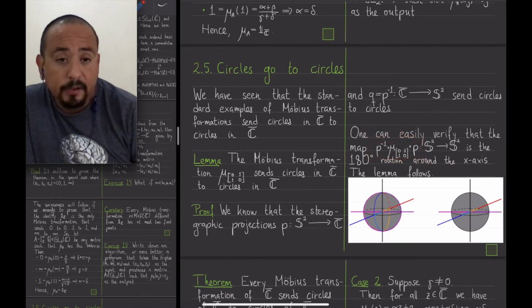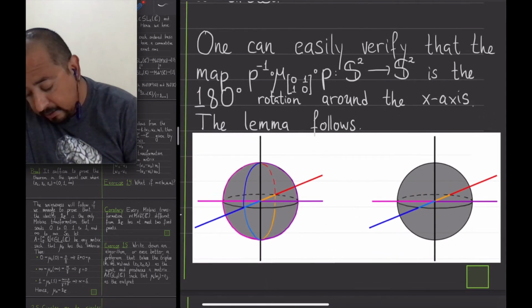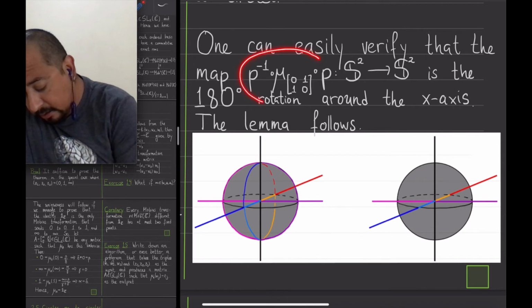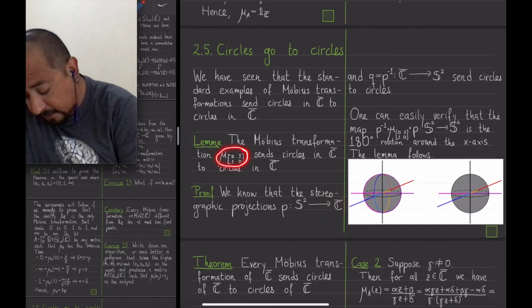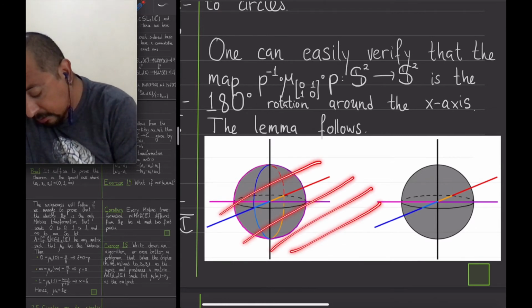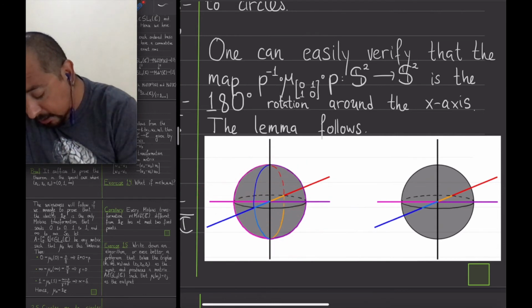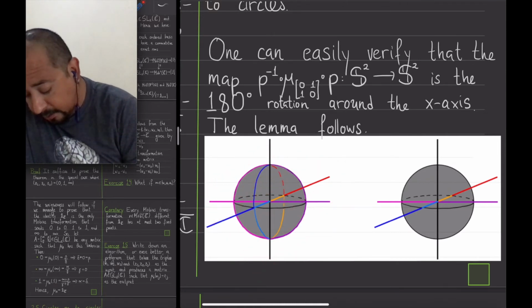Now, why does it send circles to circles? It is quite easy to see that first projecting to C bar and then applying this 1 over z and then coming back to the sphere is actually the rotation around the x-axis. So for instance, here you have C bar, right? The point at infinity is far away. Consider only C bar, so forget about the sphere that you are seeing there, and think for the moment only about C bar.